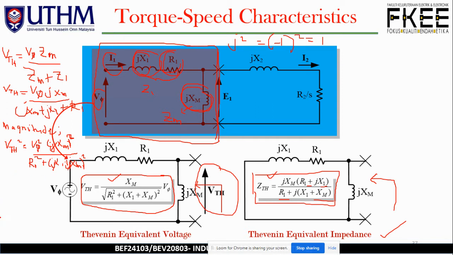We just have VTH squared equal to V phase squared XM squared over R1 squared plus (X1 plus XM) squared.